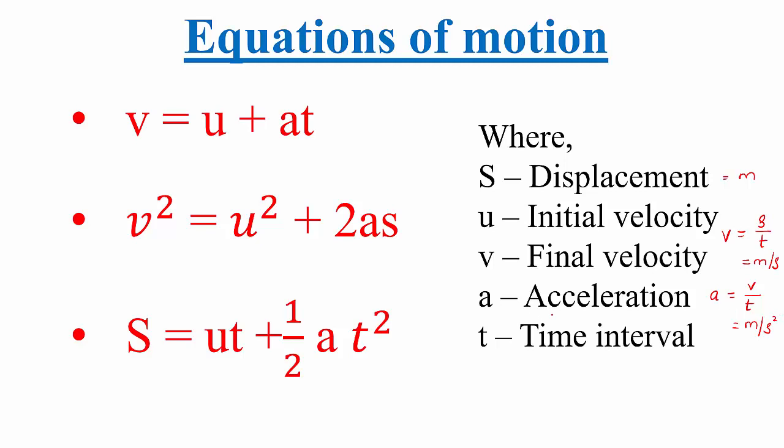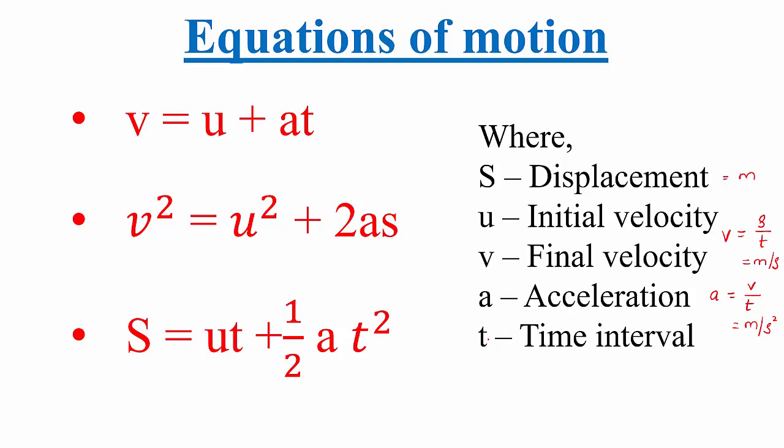Then retardation or deceleration is exactly opposite to acceleration. In acceleration, velocity is increasing, but in retardation, velocity is decreasing. So we get the answer in negative terms for retardation or deceleration.